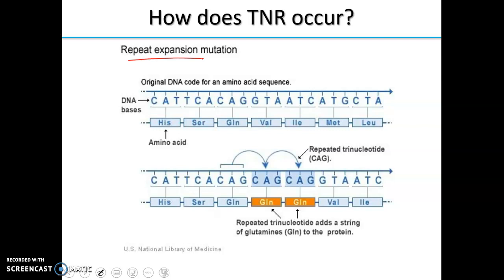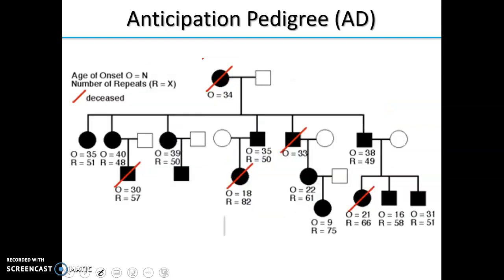There can be some slippage that causes an insertion, okay? Something can happen during replication that causes these repeats to increase in length. And as they increase in length, we're going to have this disease or trait showing up earlier in our families or more severe. Okay, so here's another pedigree.